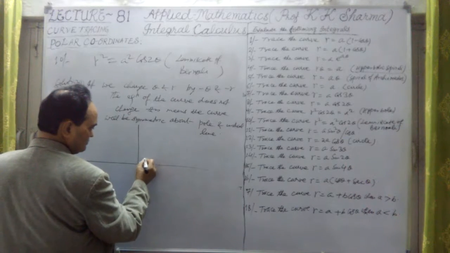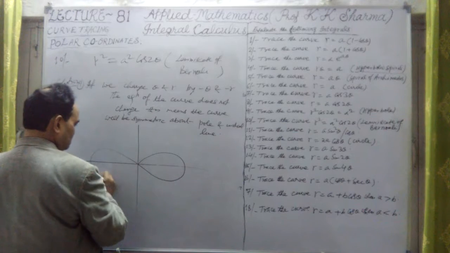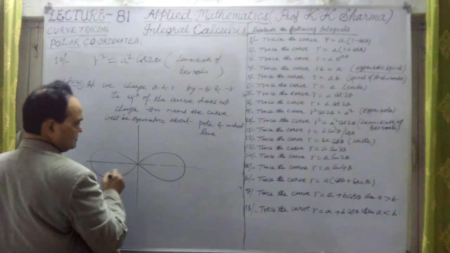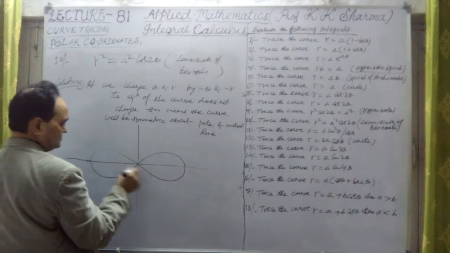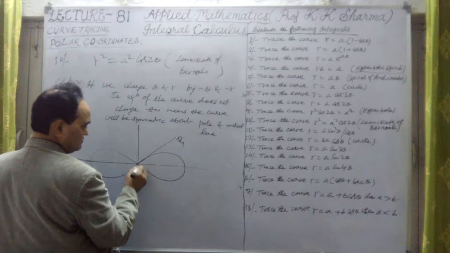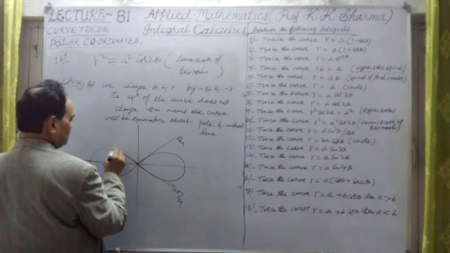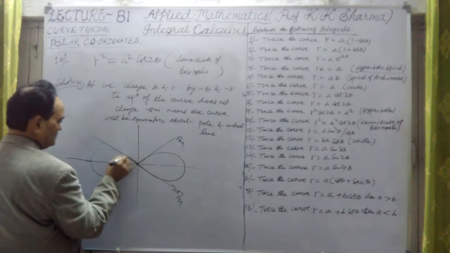Now this is of Bernoulli's spiral. Okay, Bernoulli's spiral is of this kind. Here it is pi by 4, and 7 pi by 4, and here it is 3 pi by 4.